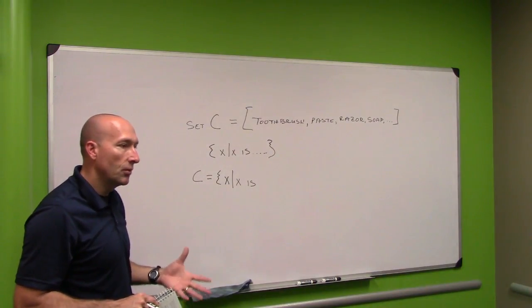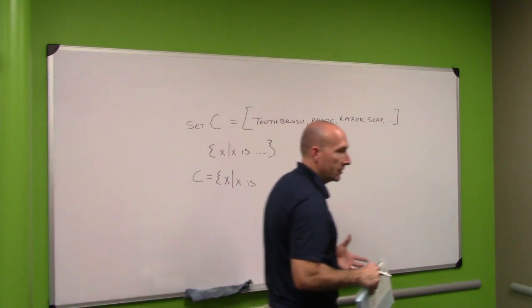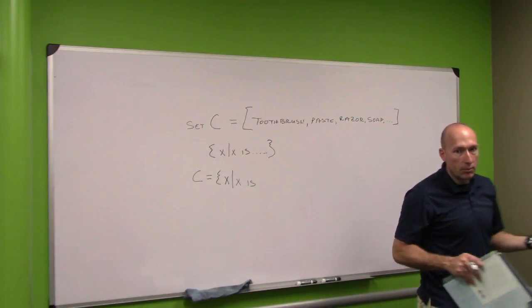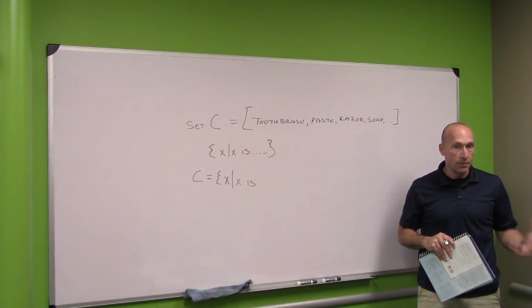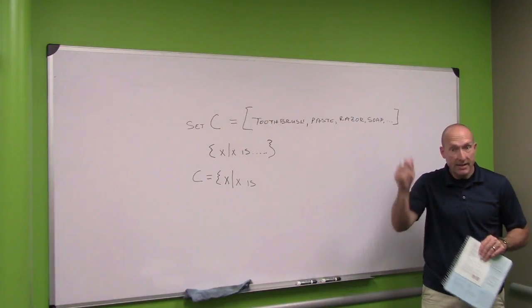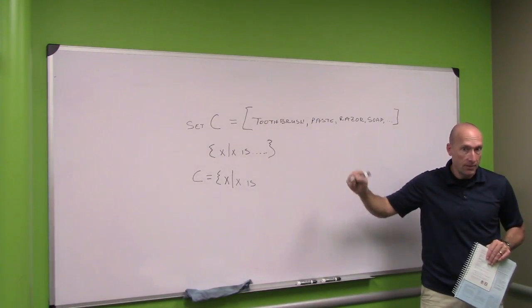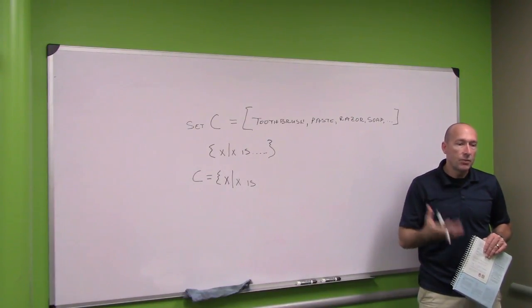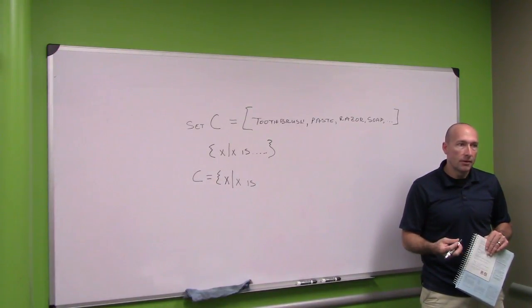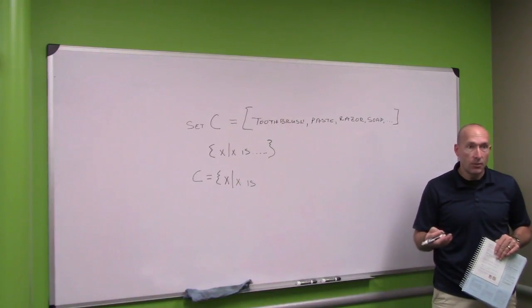The biggest thing to remember in math in general, we use symbols, numbers, and letters to help us communicate. Instead of writing out a paragraph of all sorts of things in words, we actually use symbols. And as we use these more and more, you'll become more familiar with what these symbols are.